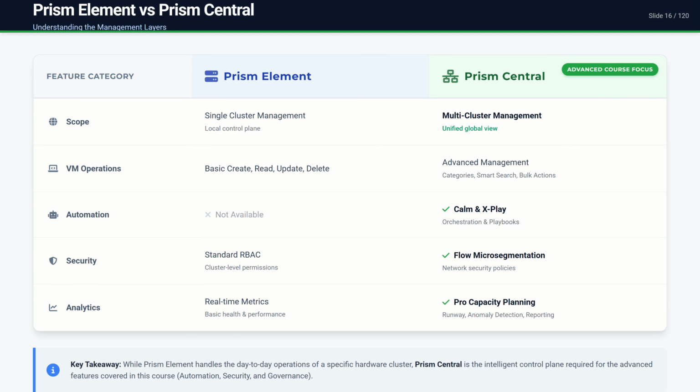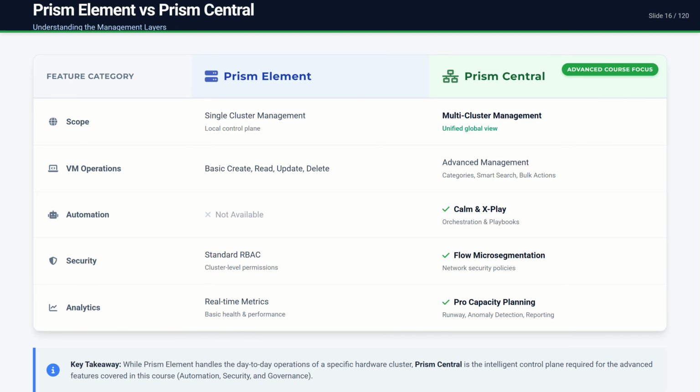Next, for security, Prism Element offers standard RBAC, that means basic role-based access control with cluster level permissions. But Prism Central delivers Flow microsegmentation, advanced network security policies that protect your workloads at the VM level, regardless of where they move.